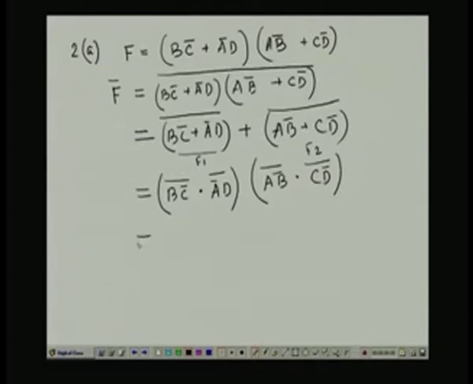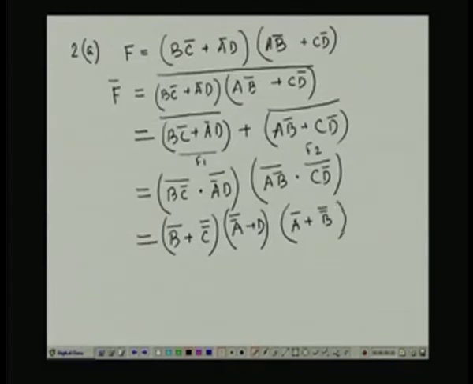Now, we apply the same rule and this becomes B bar, this dot becomes plus, and this becomes the complement of C complemented, into dot, that again A bar bar plus D. Similarly, this term becomes A bar plus B bar bar dot C bar plus D bar bar.